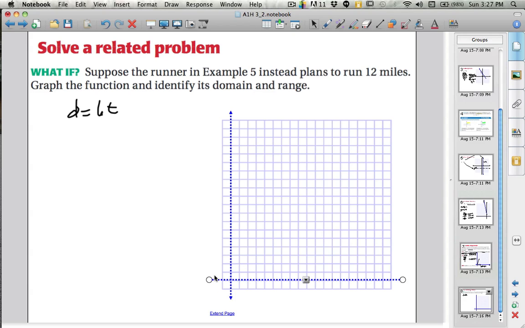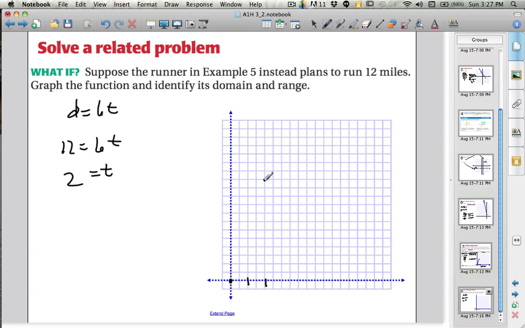Now, in the last one I ran 9 miles. In this case they're saying I'm going to run 12 miles, so I need to know how long I'm running. Time is going to be equal to 2. So here's 1, here's 2. I'm starting at 0, 0, and we're going to 1, 2, 3, 4, 5, 6, 7, 8, 9, 10, 11, 12.